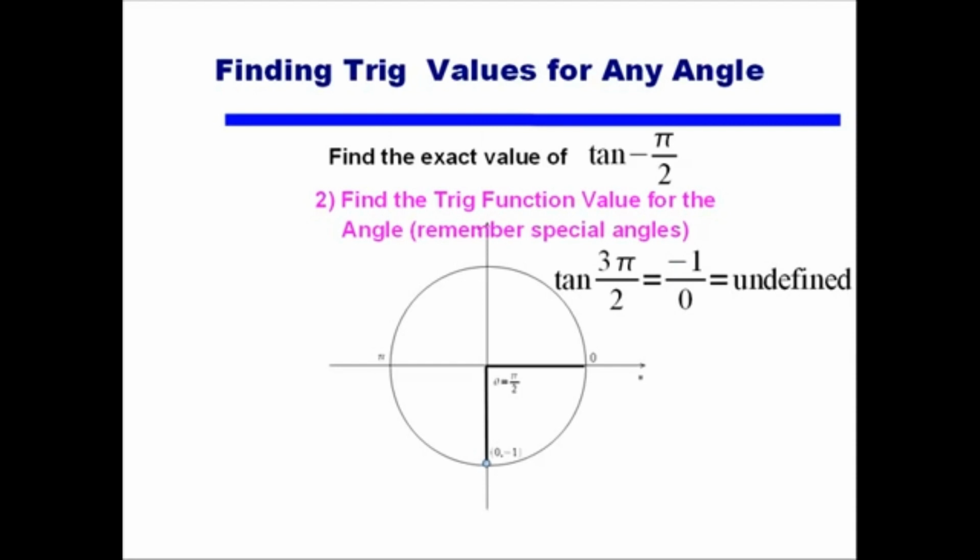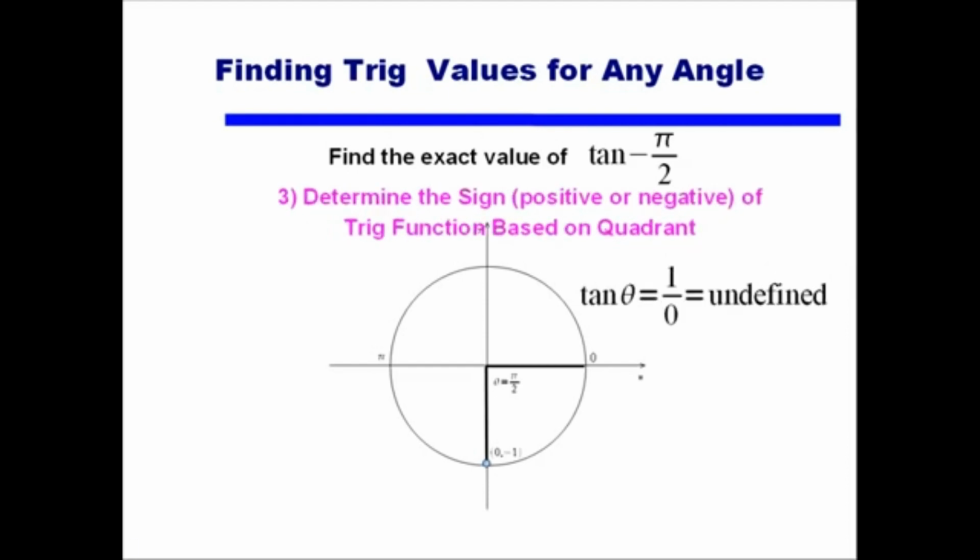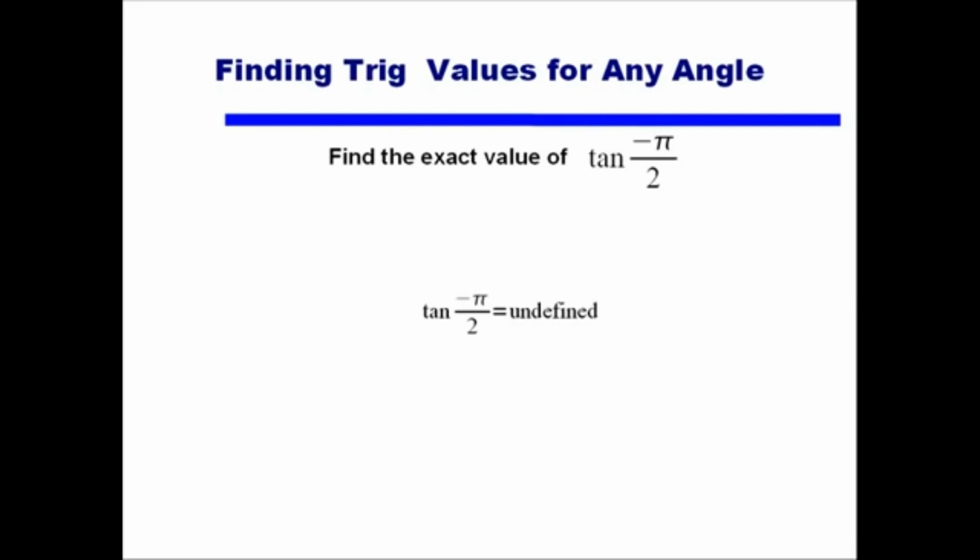So the tangent of negative pi over 2 is going to be negative 1 divided by 0, or, well, we're not allowed to divide by 0, so the tangent is undefined. And that third step, determining the sign, well, it really doesn't matter, because if tangent is undefined, we don't have negative undefined, we just call it undefined. So the value of tangent of negative pi over 2 is undefined.